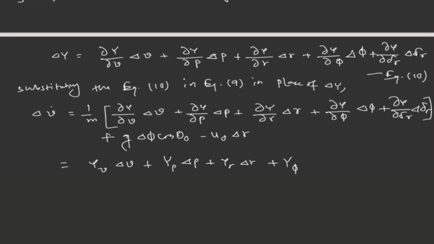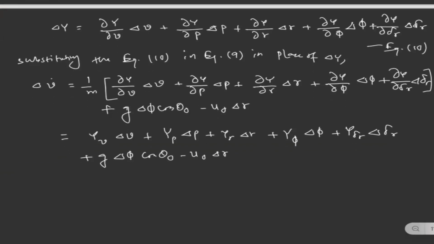Y phi delta phi plus y delta r capital delta R plus g del phi cos theta naught minus u naught delta R. So this is what you are getting.